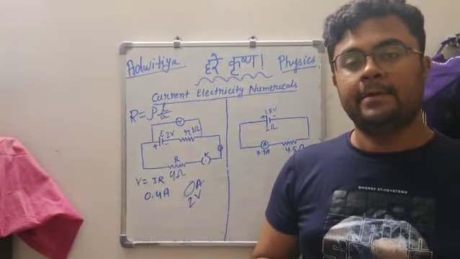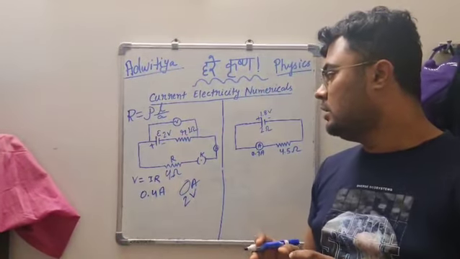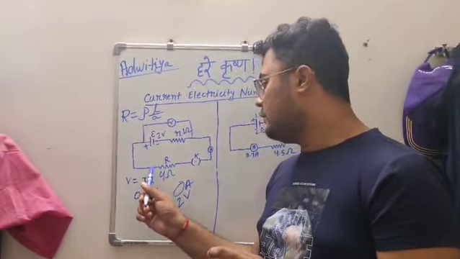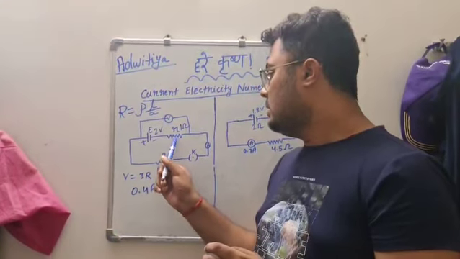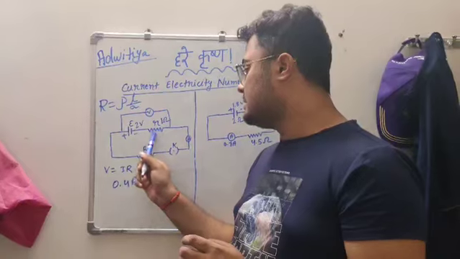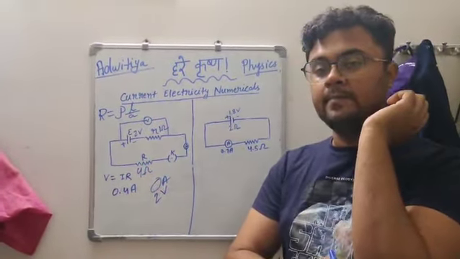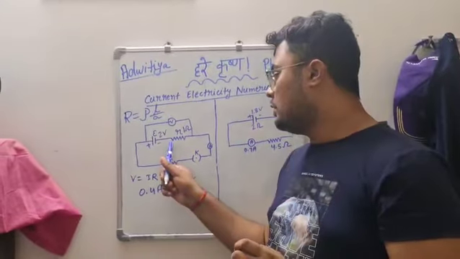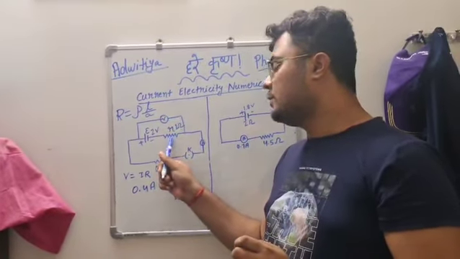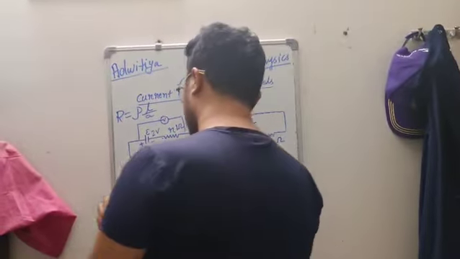Now what will be the voltmeter reading when the key is closed? Since 0.4 ampere current is flowing, through the internal resistance r also 0.4 ampere current is flowing. So there will be a voltage drop of 1 into 0.4, which is 0.4 volt.